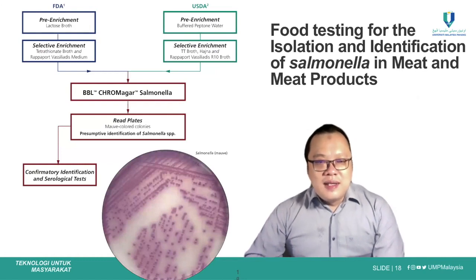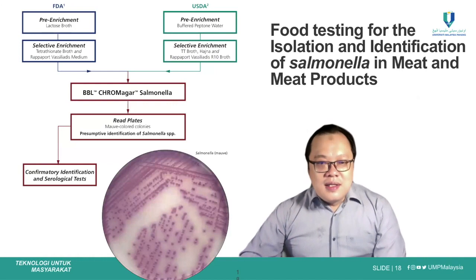For example, this is the common workflow of food testing for the isolation and identification of Salmonella in meat and meat product in the diagnostic lab. Different types of culture media are used in pre-enrichment, selective enrichment, and presumptive identification of Salmonella using different types of agar.